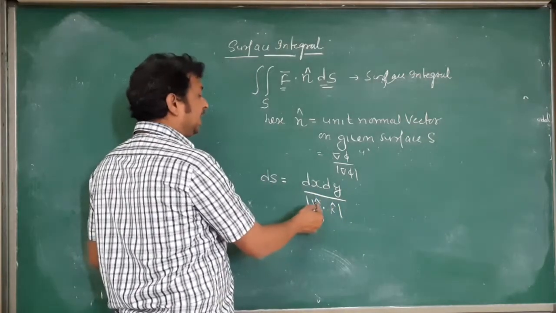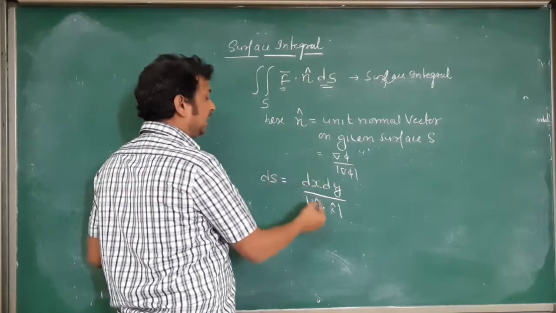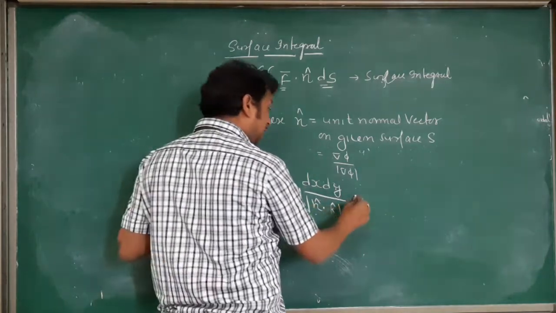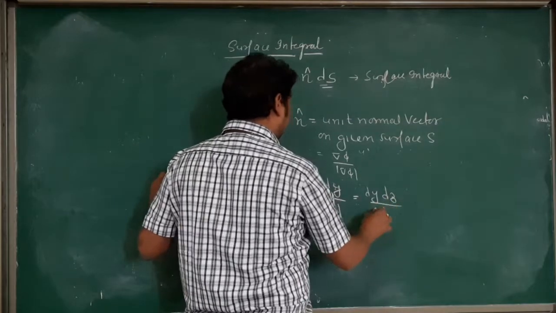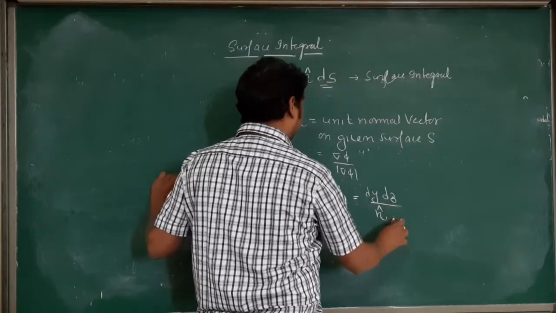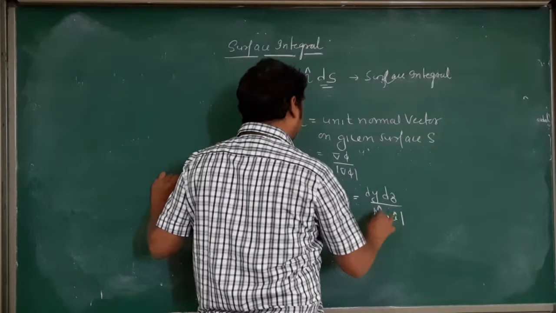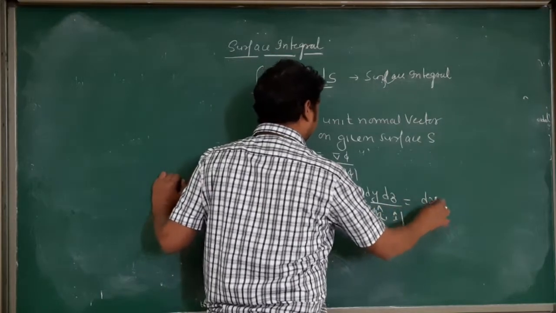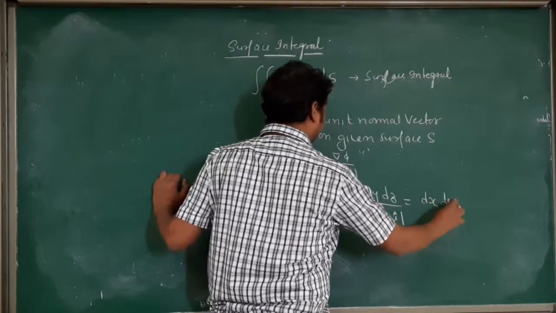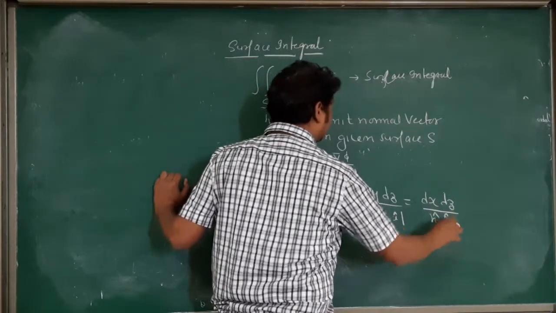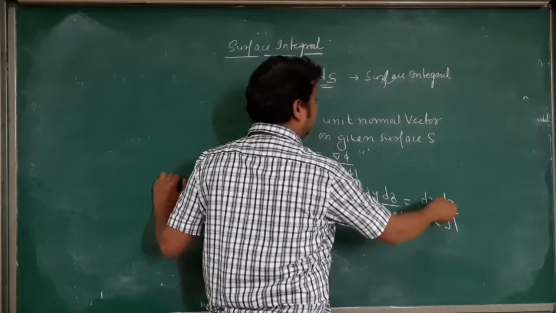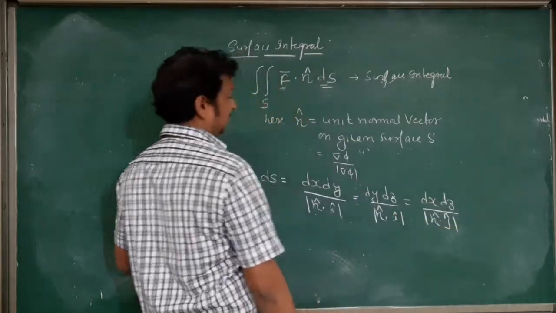So whatever n cap, the unit normal vector, take the dot product. It is also equal to dy dz upon n cap dot i vector, or dx dz upon n cap dot j vector, because y is missing there, so along j.